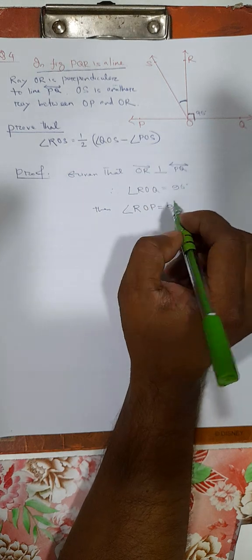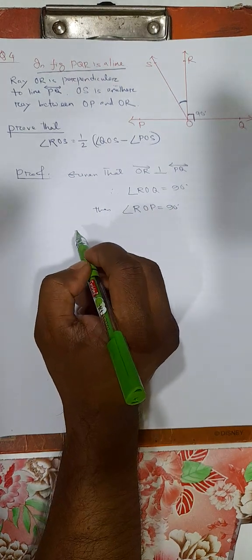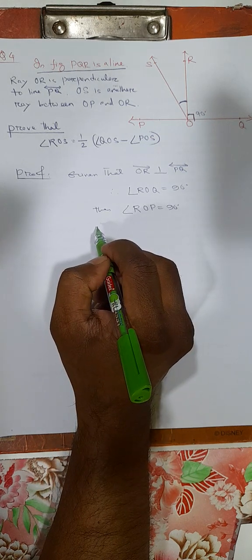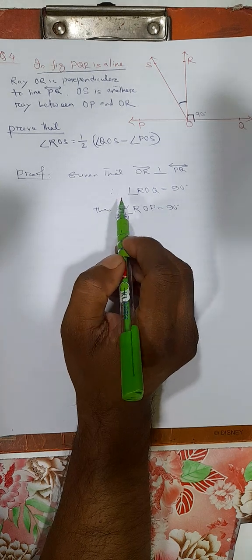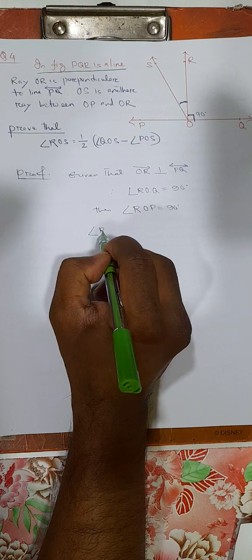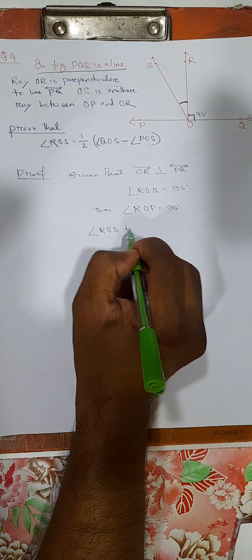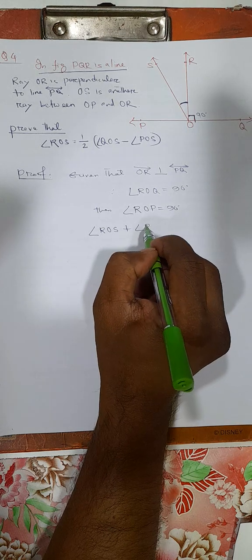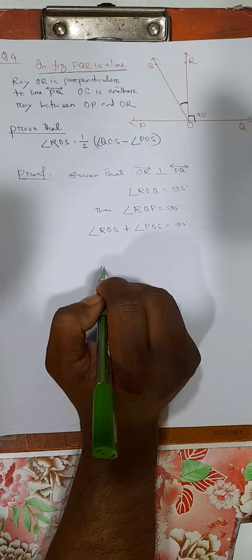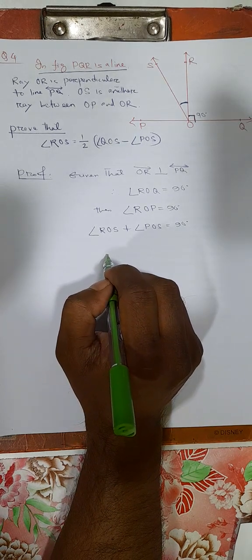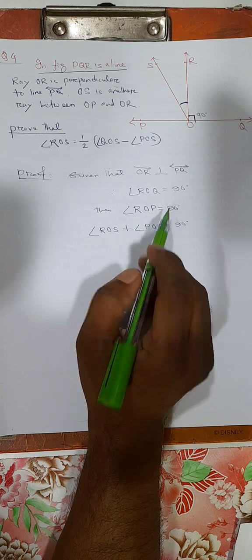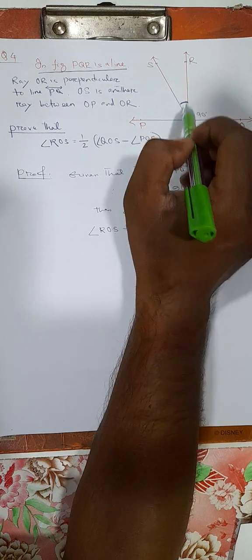Now ROP, you can write it in terms of OS. ROP means angle ROS plus angle POS equals 90 degrees. Right?